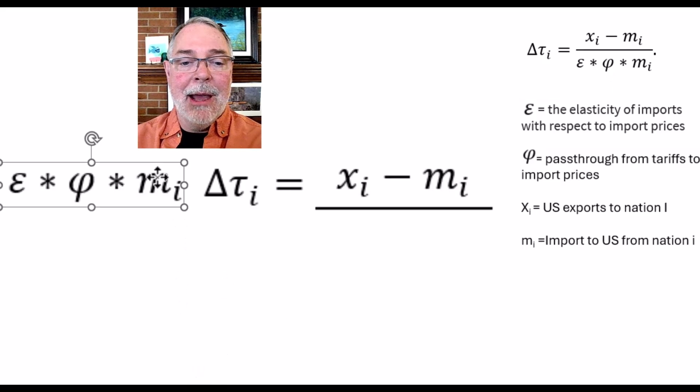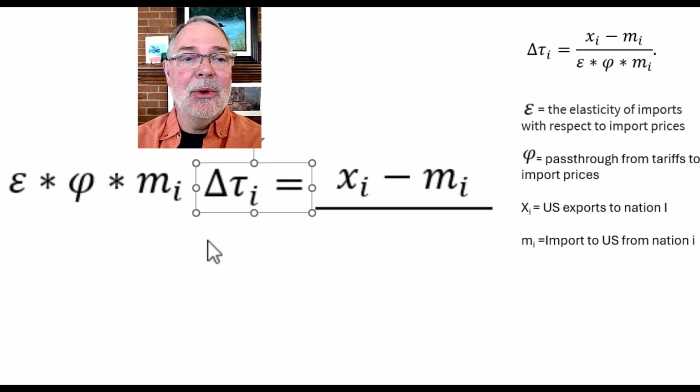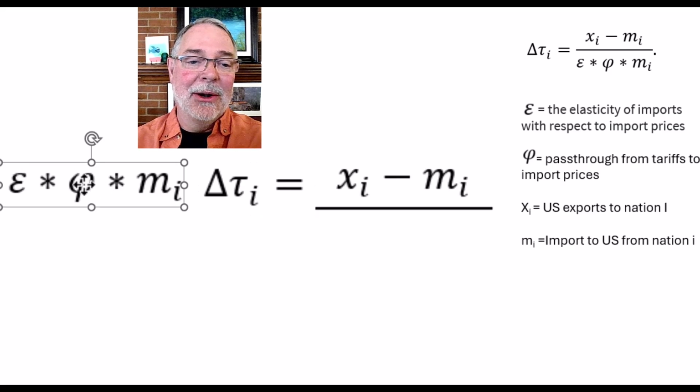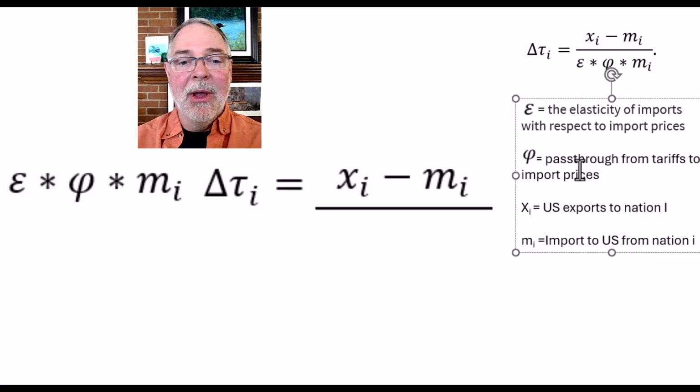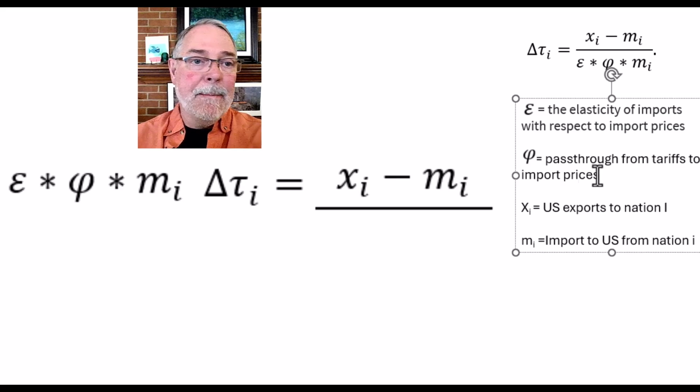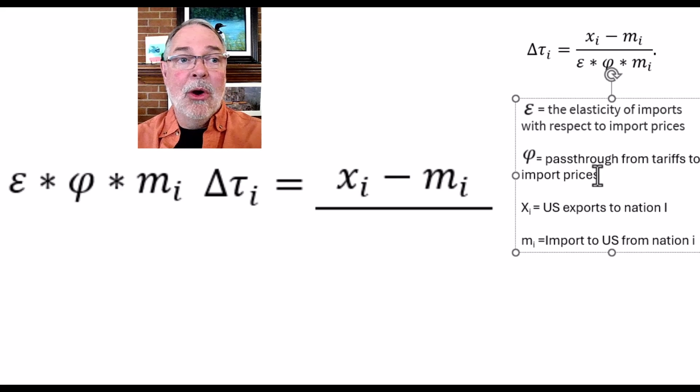Then we have M, which is, of course, the imports. We're going to multiply it, and pretend the multiplication asterisk is there, times the change in tariff rate. Actually, you would multiply whatever your tariff rate is times the price pass-through. So with a 5% tariff, if the price pass-through is 1, the whole 5% goes through.